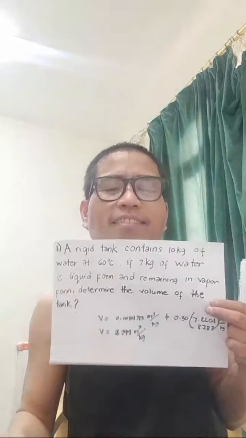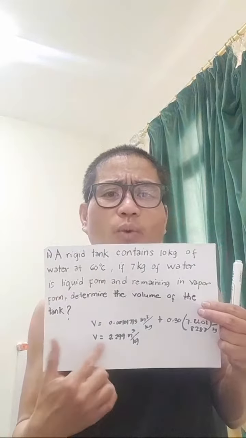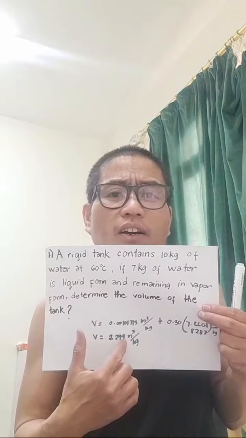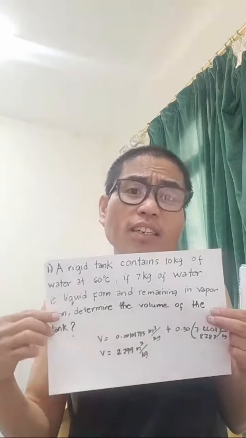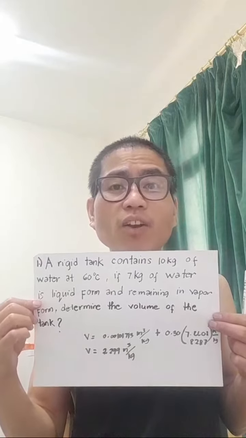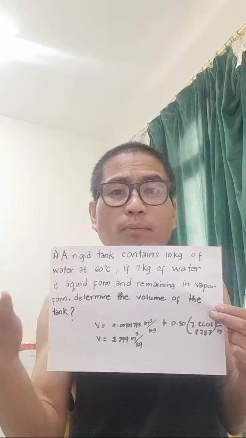This is not yet the total volume of the tank. What is the unit? Cubic meter per kilogram. And what's inside the tank has a total mass of 10 kilograms between the liquid and the vapor. So multiply that by 10 kilograms so that you will determine the total volume of the tank. The question is not asking for the specific volume, it asks for the total volume of the tank, so be careful.